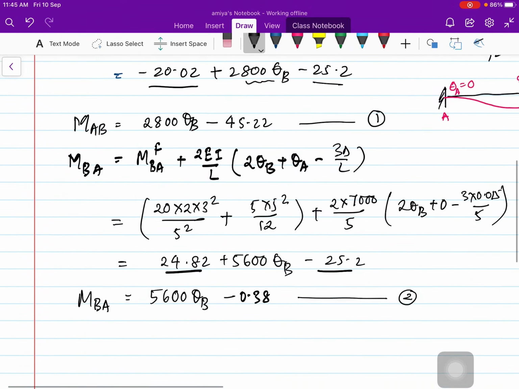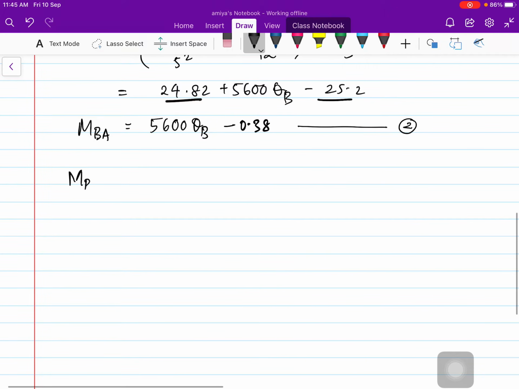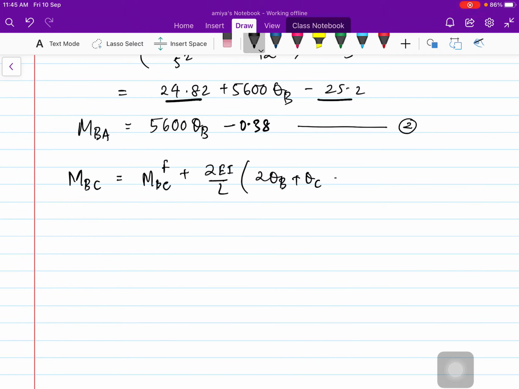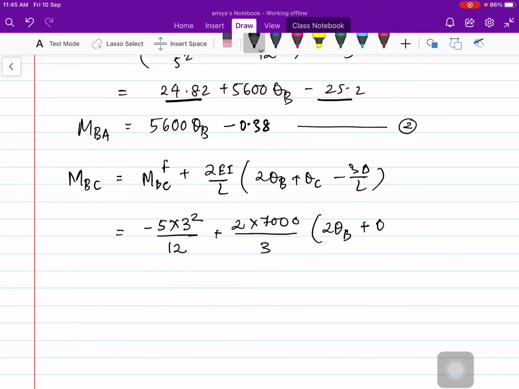So we will calculate MBC, which is the fixed end moment plus 2 EI by L times 2 theta B plus theta C, minus 3 delta by L. So the fixed end moment is only 5 kilonewton per meter, WL square, here span is 3, by 12, plus 2 EI, because EI is constant, so the same 7000, span is 3 meter. 2 theta B because this is unknown, and here theta C also will come into the picture because this is not 0.